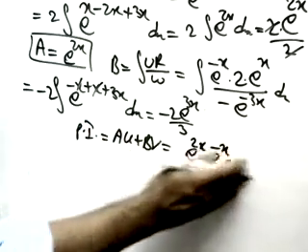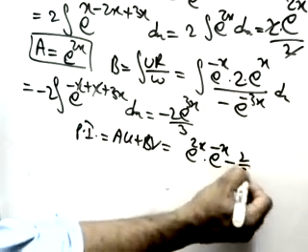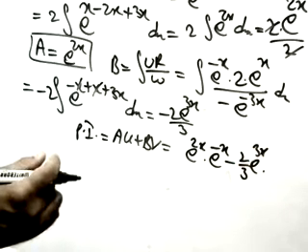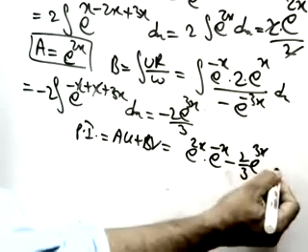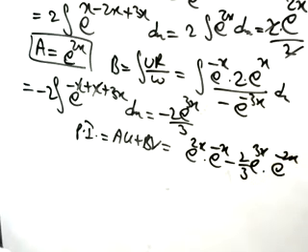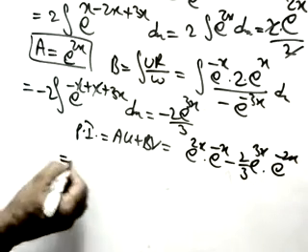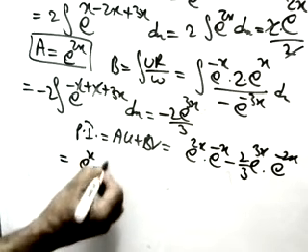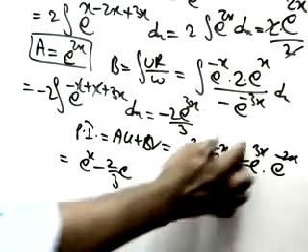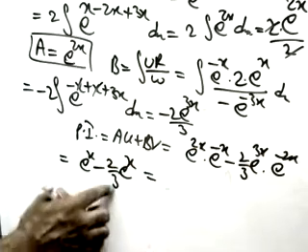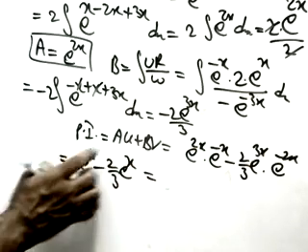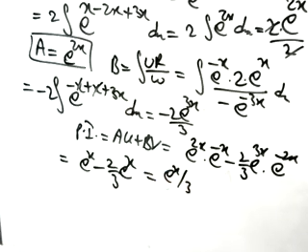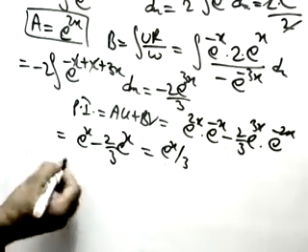A into u plus B, the value of B is minus 2 by 3 e power 3x, into the value of v, e power minus 2x. You see here bases are same. If you add the powers, 2x minus x will be x: e power x minus 2 by 3 into 3x minus 2x is x. Take LCM, 3 into e power x. 3 e power x minus 2 e power x will be e power x by 3. So this is the particular integral.